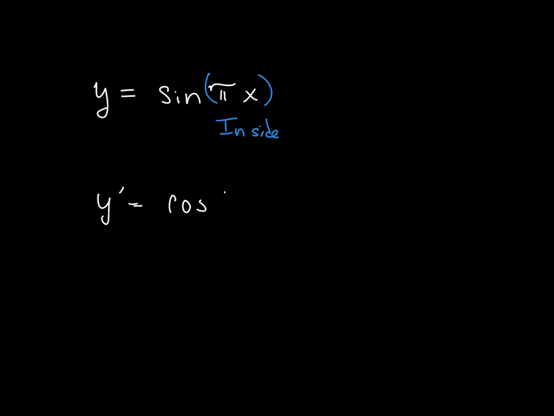And again, remember that inside part stays exactly the same. That's pi x. Now I multiply that times the derivative of the inside. The derivative of that inside is just pi. So y prime is equal to pi cosine of pi x.